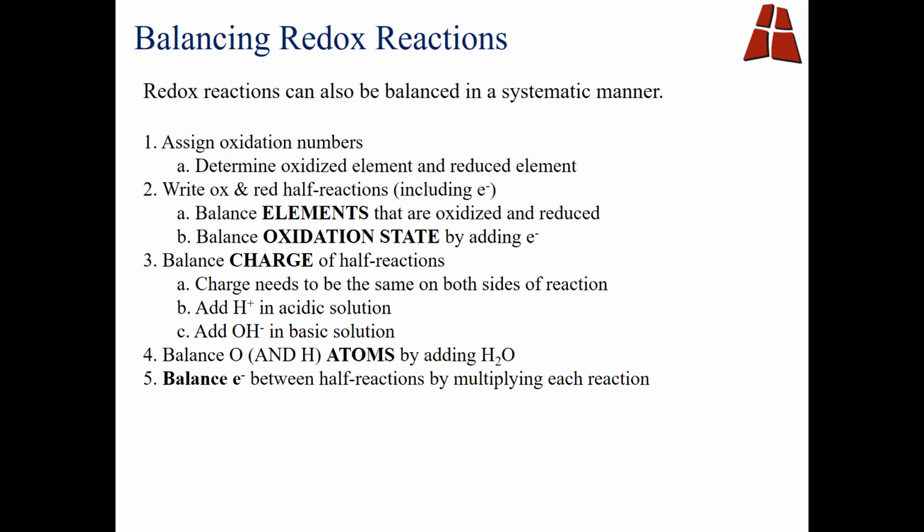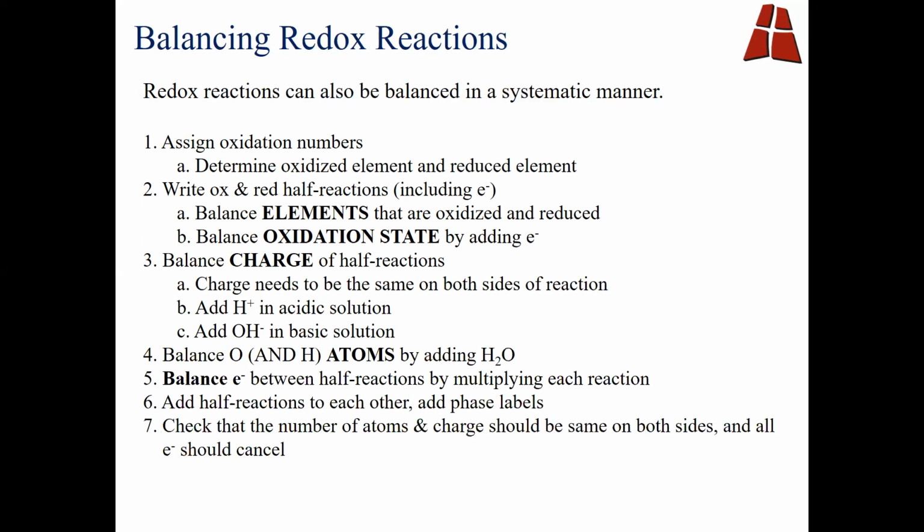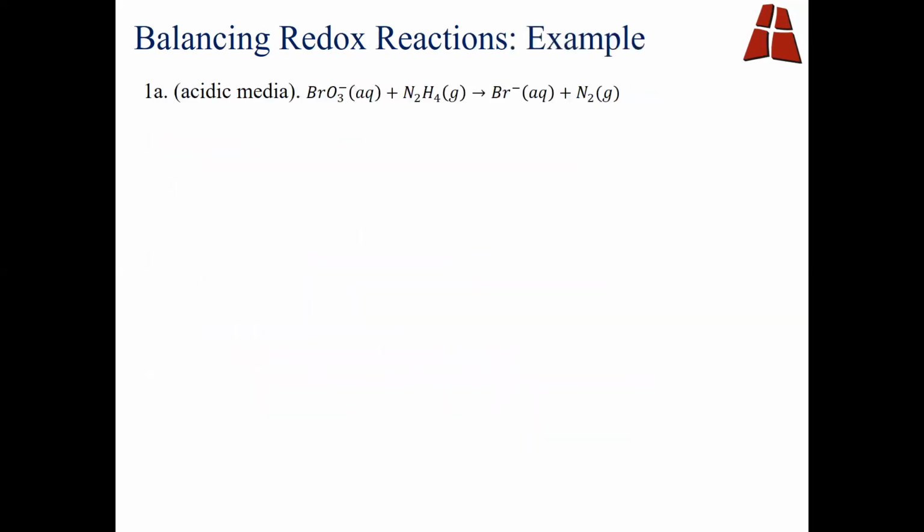Finally, or penultimately, I guess I should say, we balance the number of electrons between half reactions by multiplying each reaction by some sort of integer to get our electrons balanced. And we add our half reactions together and add phase labels. Finally, check that the number of atoms and charges are the same on both sides, and all electrons should cancel out, and potentially some atoms may cancel out as well.